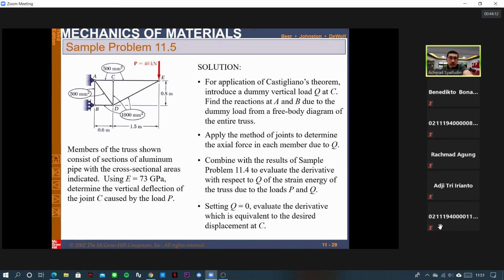And the question is at point C, not point E, because as I said maybe two or three weeks ago, the Castigliano advantage is that we can use it to identify the deflection at any point without any loads.